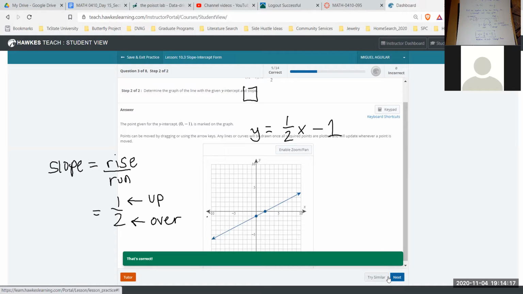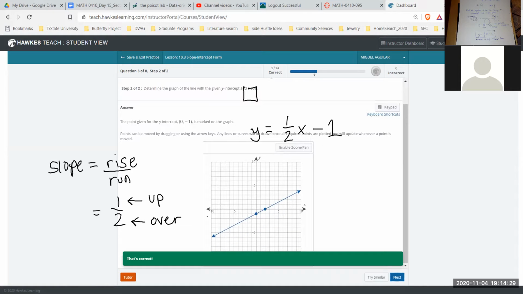Isn't it -1? Which one? Are you talking about for the slope? For the y-intercept? Yeah, and that's why the y-intercept is right here. Right, the y-intercept they put right there, and what is this point right here? It's down 1, right? So it's 0, and then they went down 1. So they had already plotted this one for you.